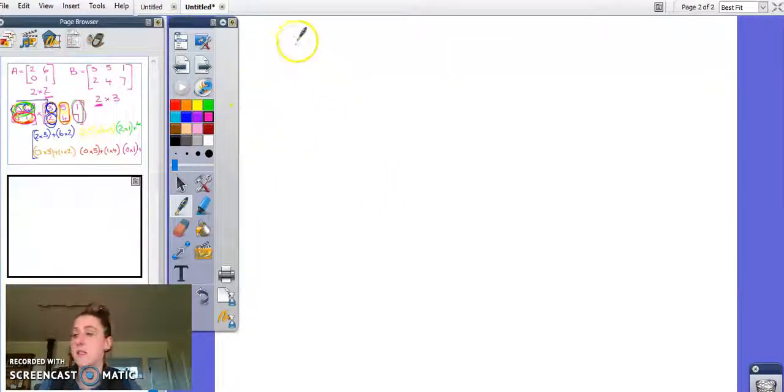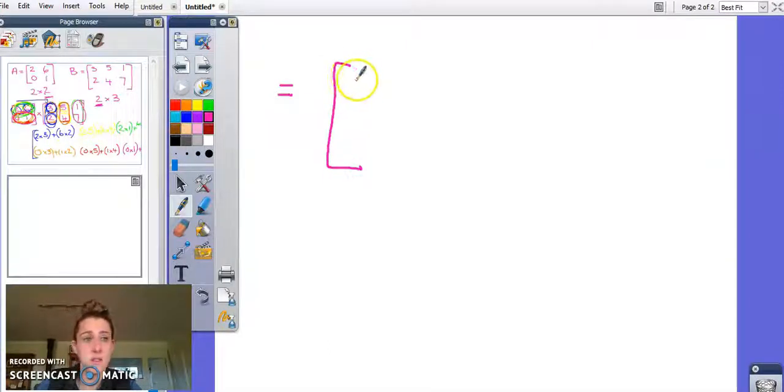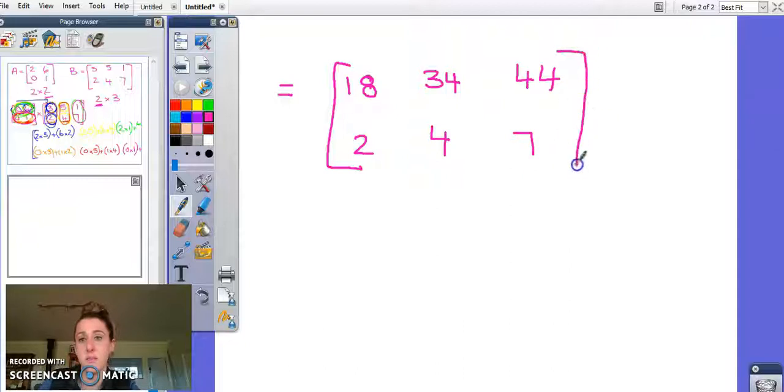So it's going to give us, I have worked it out, 18, 2, 34, 4, 44, and 7. So we've just worked it through and solved all of those, which has given us our answer.